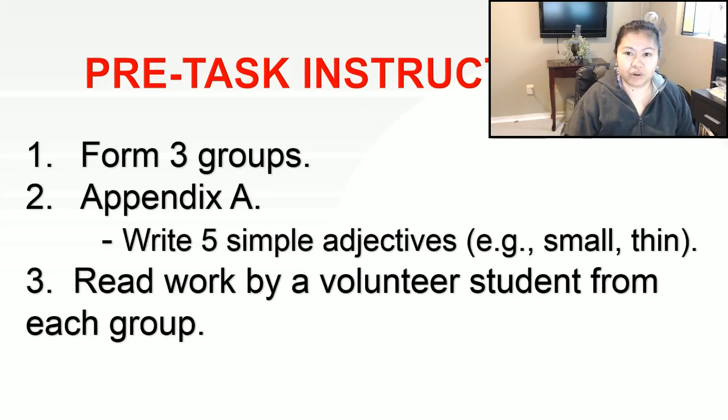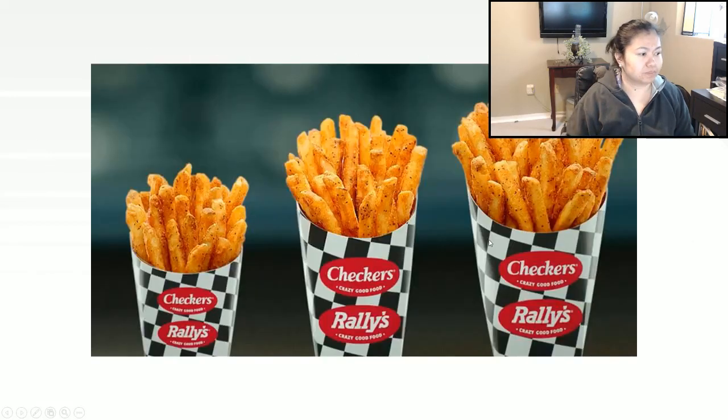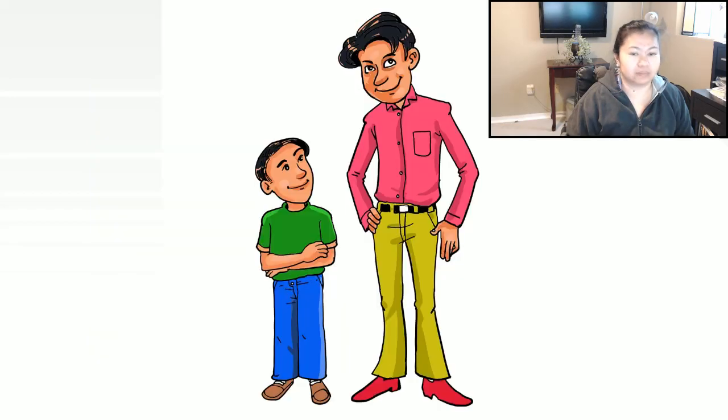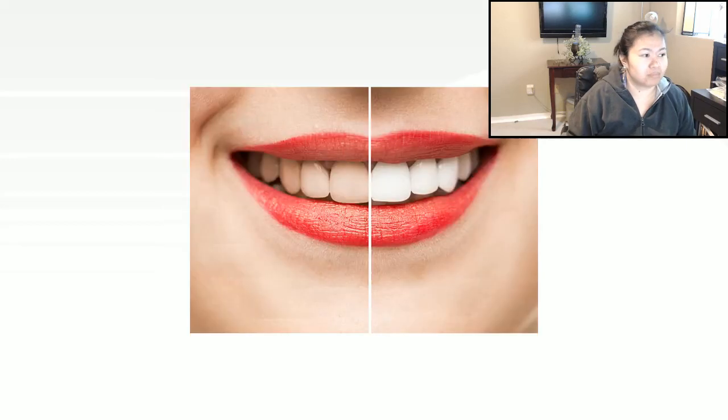So are you ready for the first image? Here we go. You take a look at this first image and I'll go to the next. Something that describes what you see, okay? It can be quantity, quality, color. Here's the third.